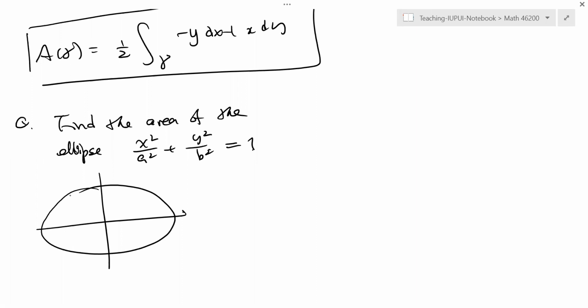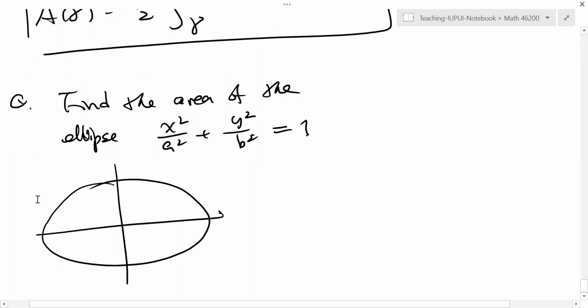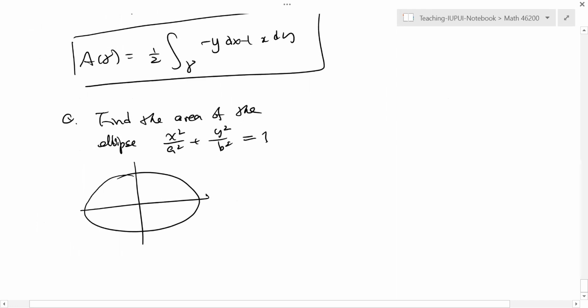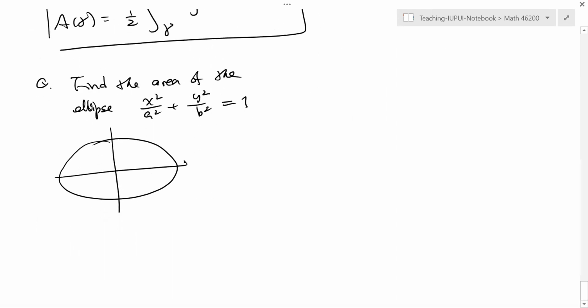Work on this problem. So using the above formula, we can easily find the area. Otherwise, it's very difficult to use the double integral. How do you use double integral? You have the double integral on the ellipse, right?